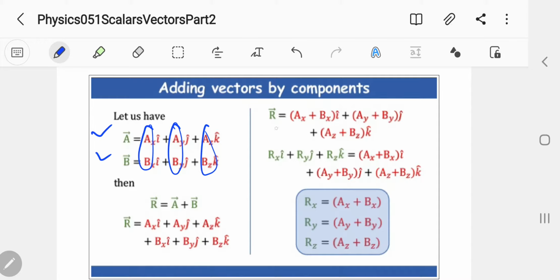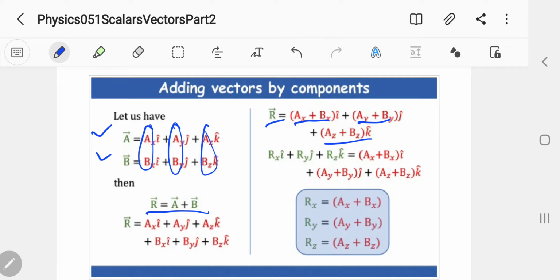So the resultant r would be ax plus bx, ay plus by, az plus bz, and then you have of course the magnitude.